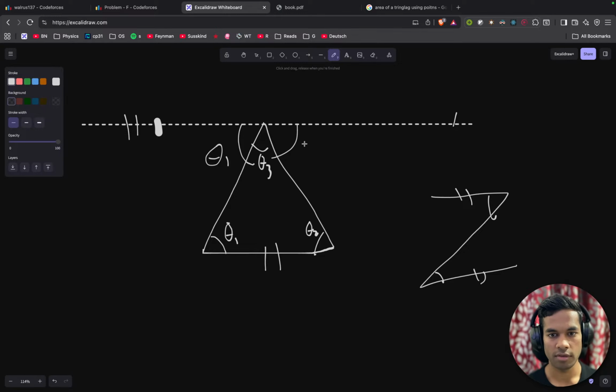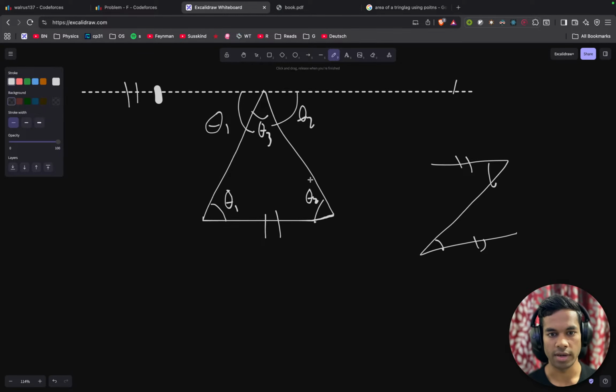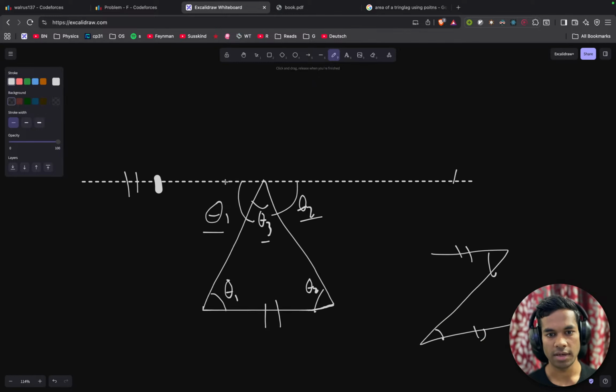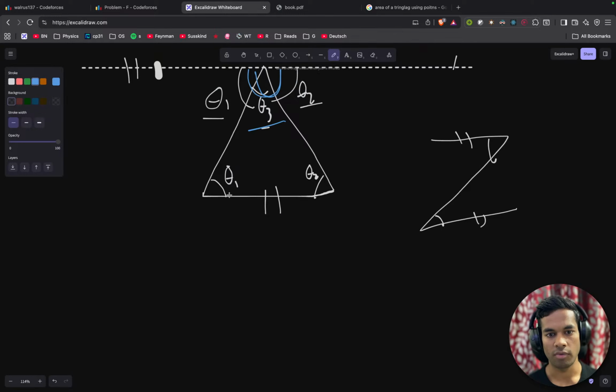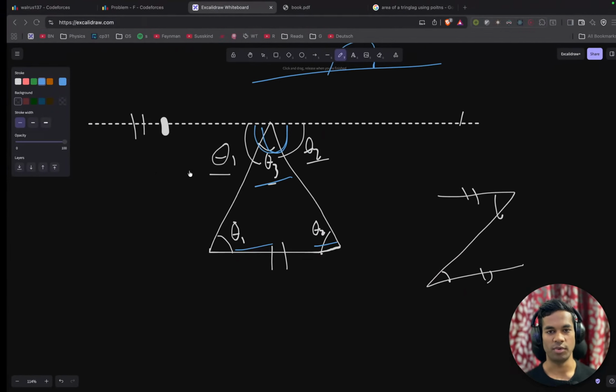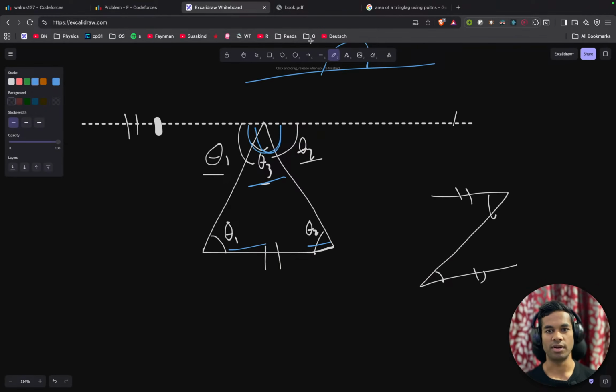Same for this one, which would be theta 2. If we add theta 1 plus theta 2 plus theta 3, we get this big angle, which is 180. Angle on a line is 180. Therefore, the sum of angles of a triangle is 180, which is very cool. We can just prove it like this.